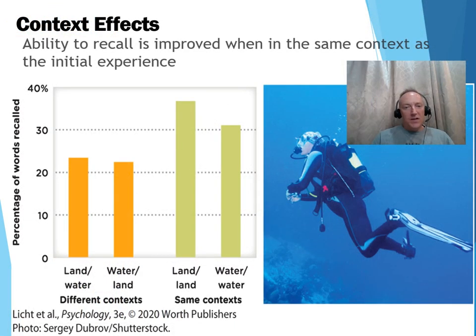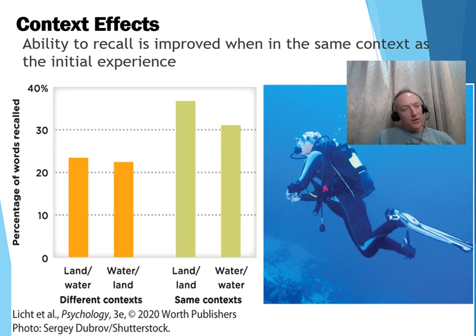So encoding specificity deals with the context of learning and the context of retrieval. And it refers to the fact that the more the contexts match up, the better the retrieval is going to be.